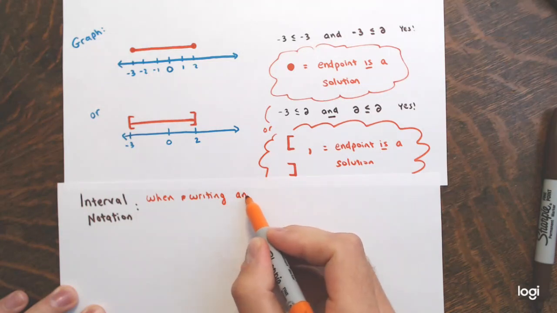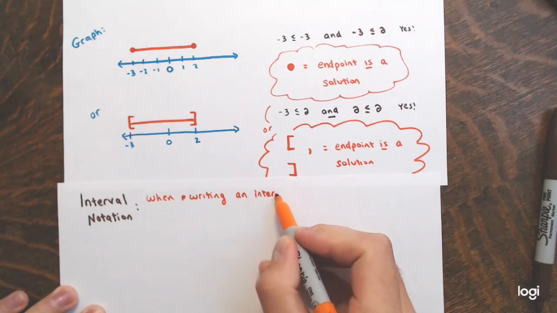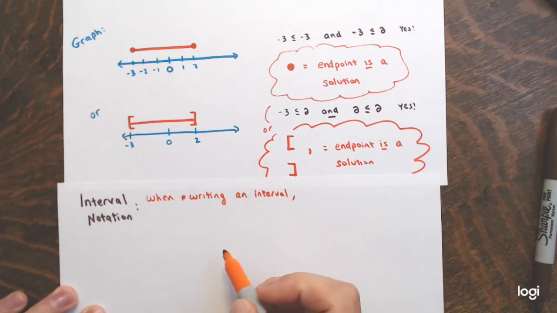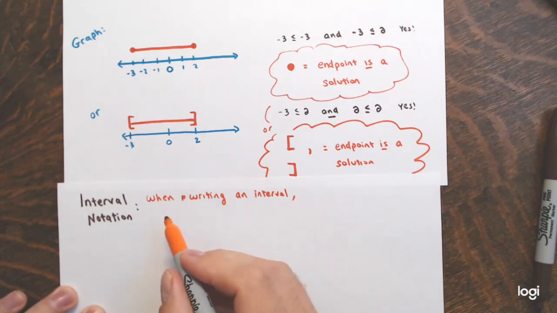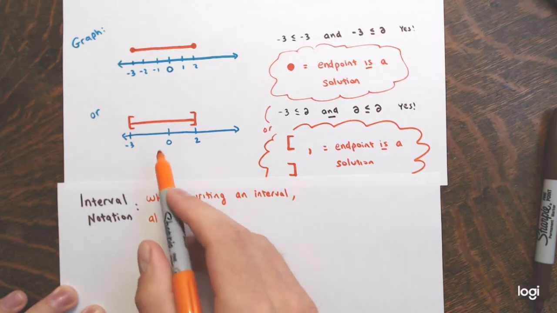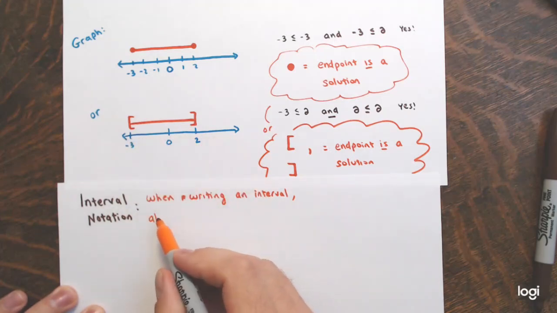When writing an interval of numbers, always write them from lowest to highest number. If I'm talking about the number line, that'll be from left to right.